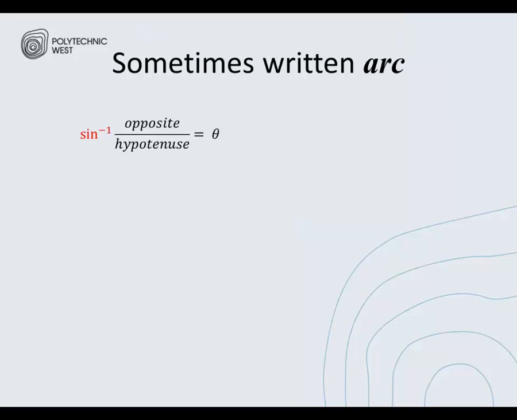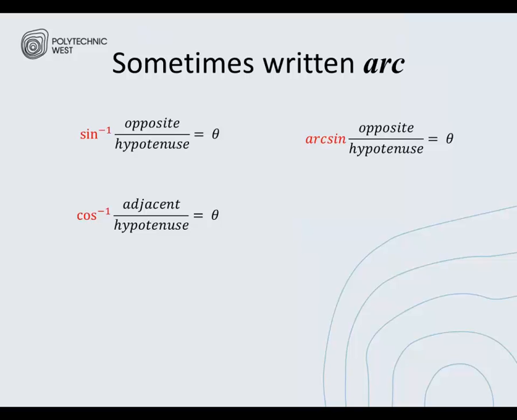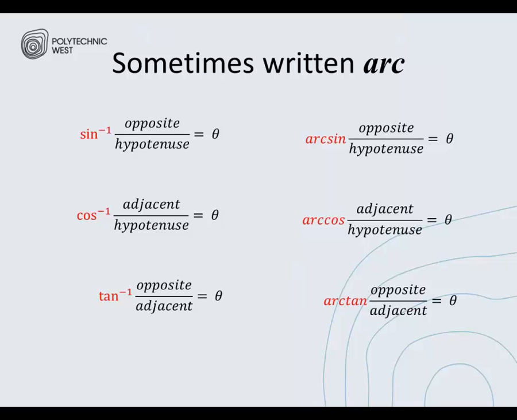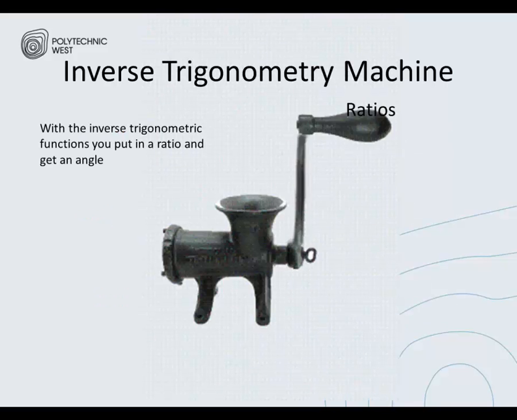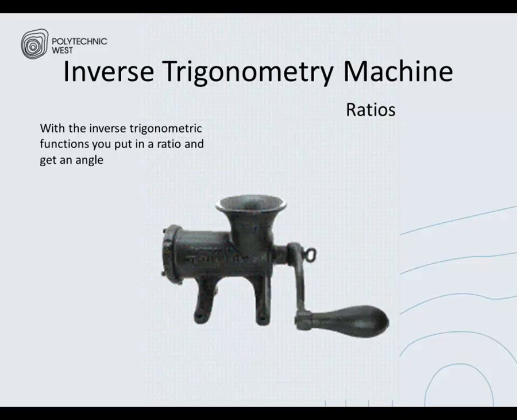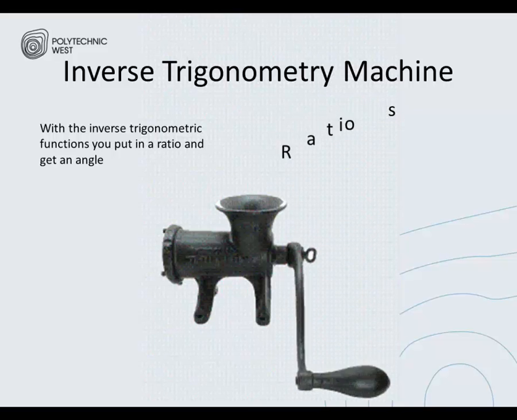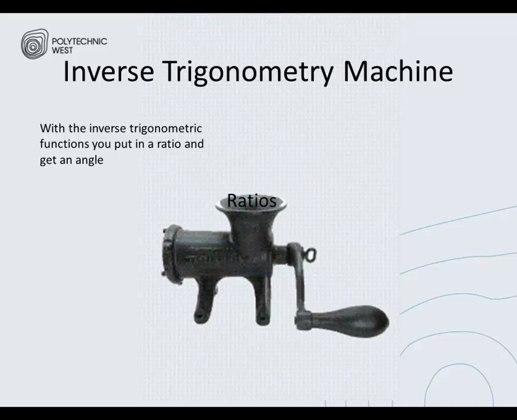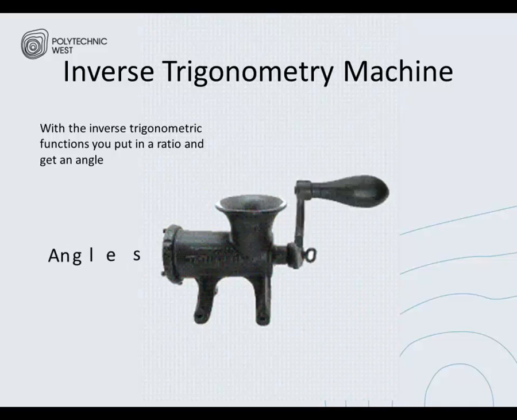Sometimes we write it arc. Inverse sine is sometimes written arc sine. Inverse cos is sometimes written arc cos. Inverse tan is sometimes written arc tan. We have the inverse trigonometry machine, which takes ratios and churns out angles.